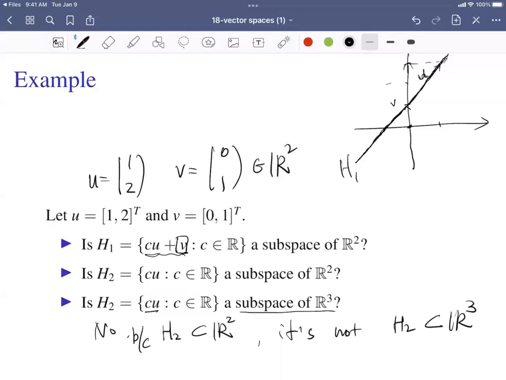H2 means you're starting from 0, home, and you take C steps in U. If you take one step in U, then this is one step in U. But if you take C steps, 2 steps, or negative 1 step, your territory is an endless line, and this goes through 0. This is a subspace. But if you have a line not going through 0, then this is not a subspace. All right, we're going to stop here.